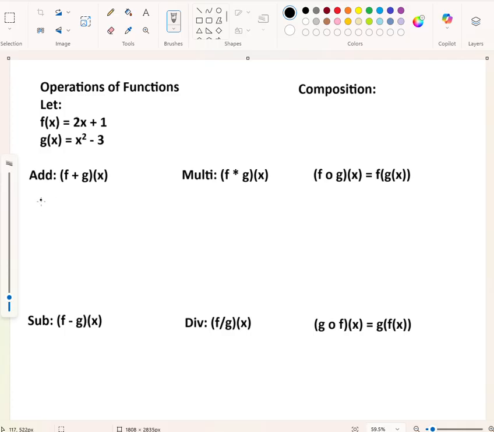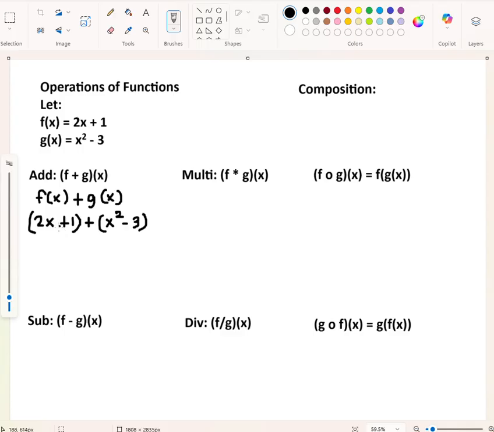We need to add the function f and then function g. So here we have 2x plus 1, in parentheses, plus x squared minus 3.